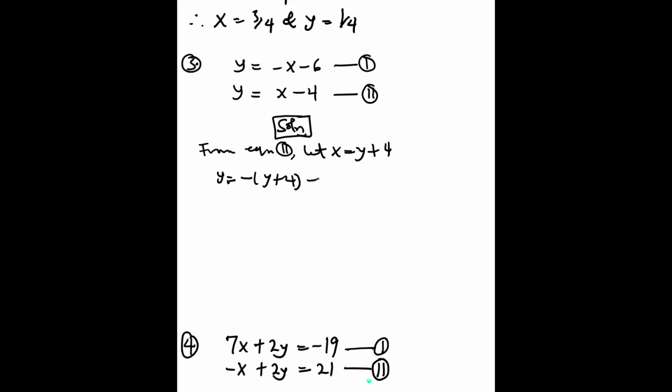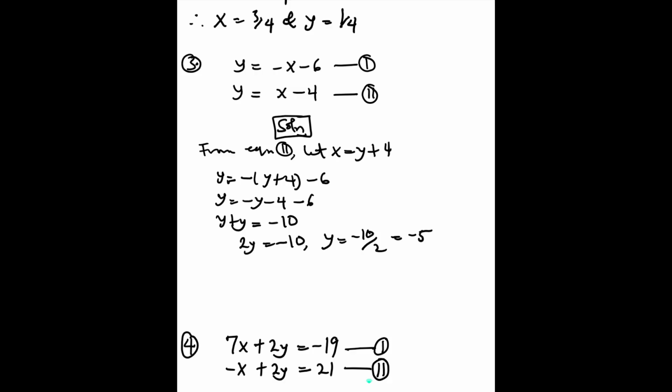So y will be equal to minus into y plus 4 minus 6. Okay, so y will be equal to minus y minus 4 minus 6. If we bring this y to the other side, that will be y plus y equals minus 4 minus 6, which is minus 10. So that will be 2y equals minus 10.